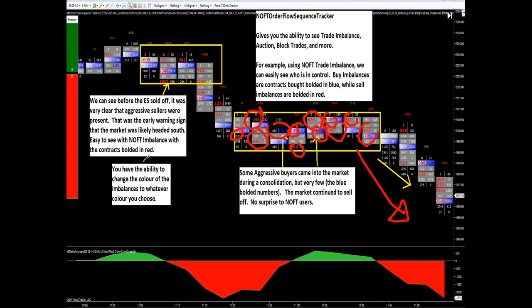So it's easy to see where the market was going to go with the NOF trade imbalance. It was an early warning sign that the market was going to head south. You have the ability to change the color of the imbalances to whatever you choose, adjust the font size, what have you. The market continued to sell off, no surprise.